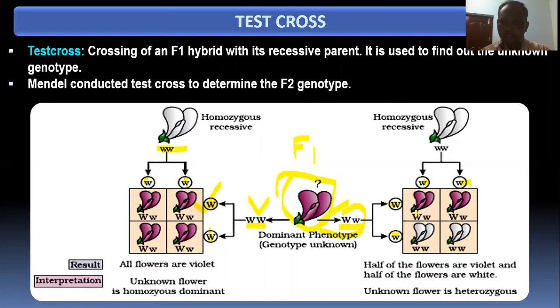If you make the cross, you will get capital W small w and small w small w. So we will get 50% of flowers violet and 50% flowers white.